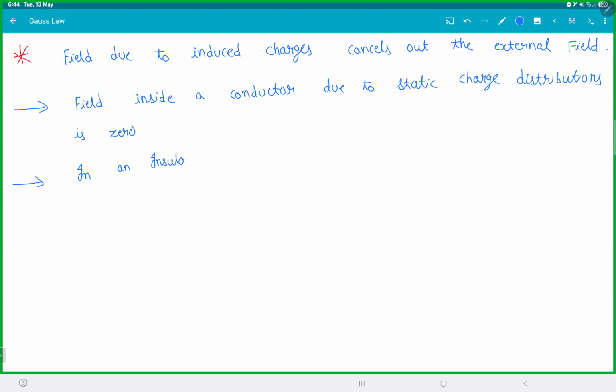Since you don't have enough free electrons, you won't get enough induced charges. So the field inside need not be zero, meaning you can create a special case to get zero, but it's not necessary. Field inside need not be zero, therefore, since it doesn't have free electrons.